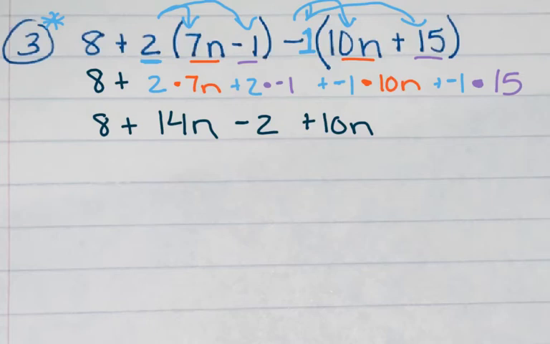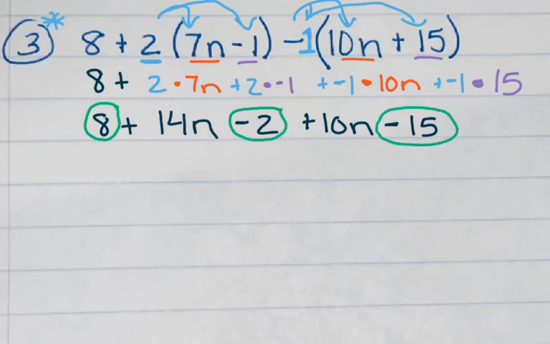And then negative 1 times 15 is negative 15. Now the next thing I need to do is look for like terms. Here, all my constants are like terms. So 8 is a like term with negative 2, which is a like term with negative 15.